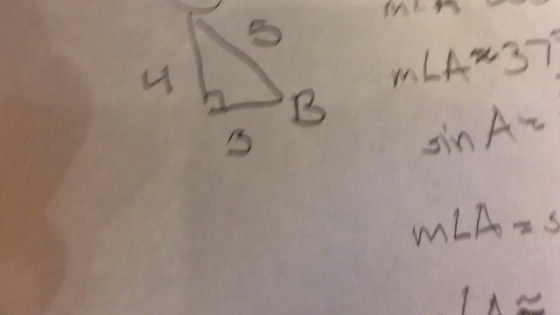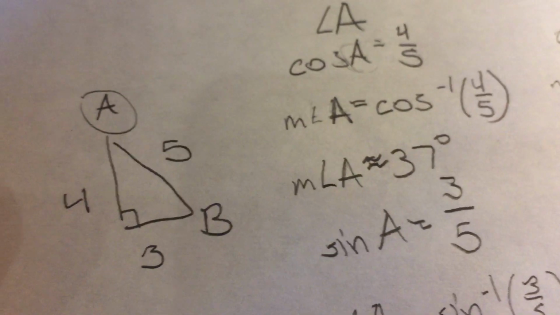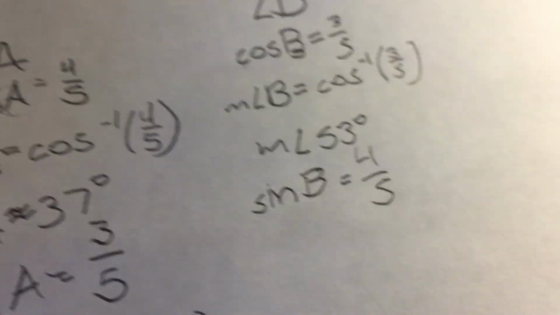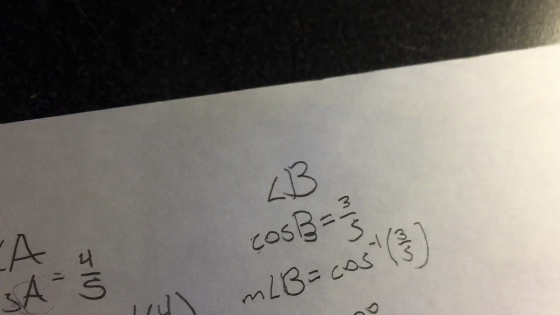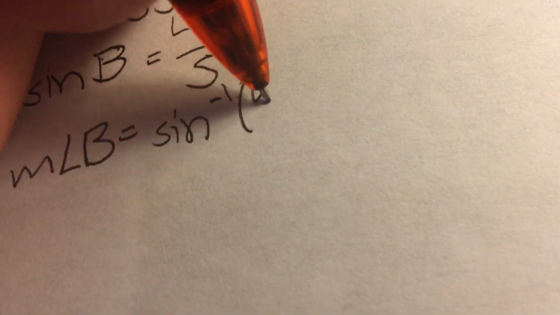So you see, in this right triangle, this cosine is equal to this sine, and this cosine is equal to that sine. Yay! Okay. Measure of angle B equals the inverse sine of 4/5.